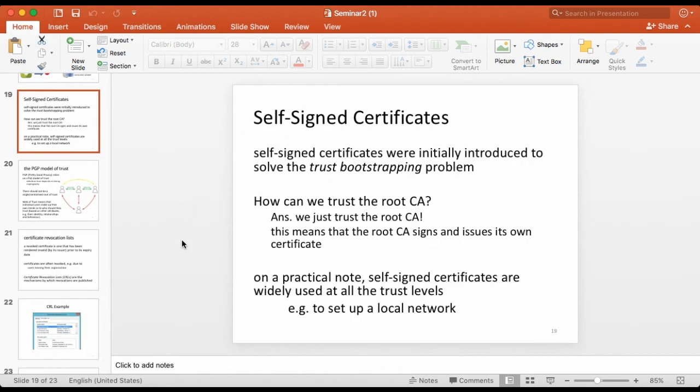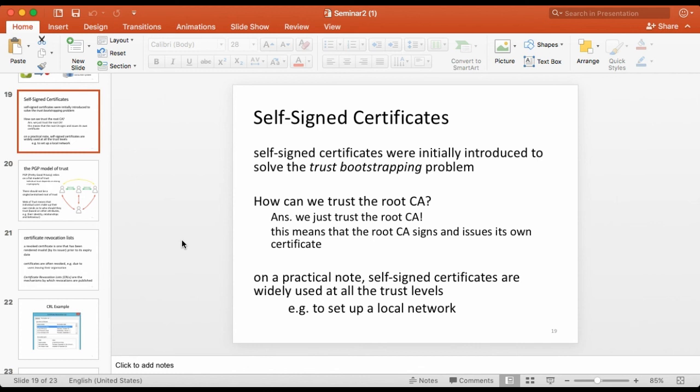So as I said, when you reach the root, you encounter a trust bootstrapping problem. In other words, who certifies the root? No one certifies the root because, by definition, they are at the root of the whole chain. So in that case, you will have what's known as self-signed certificates.